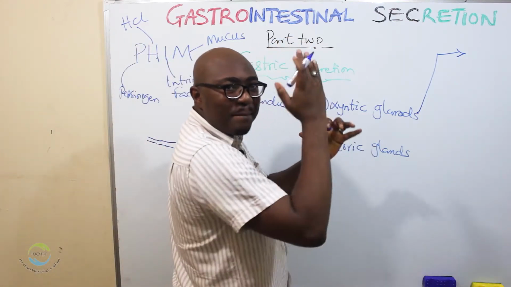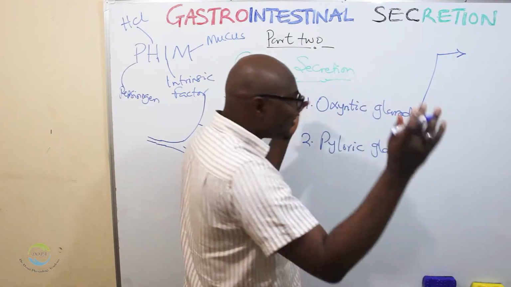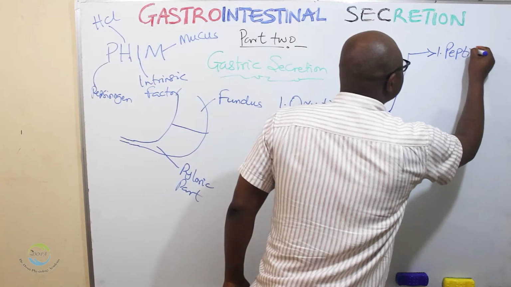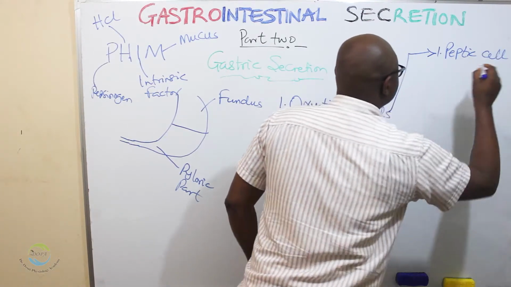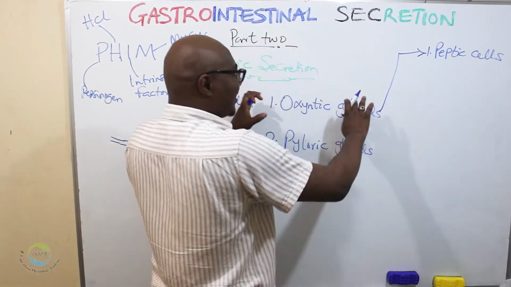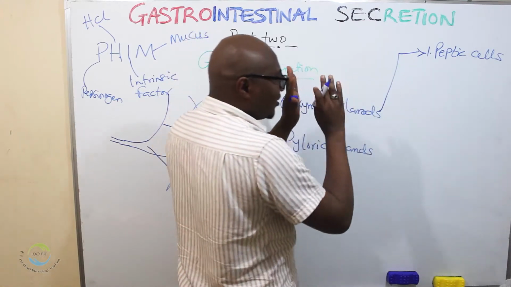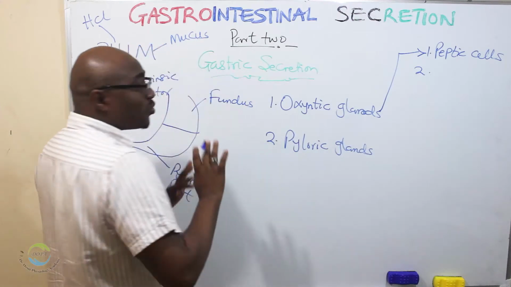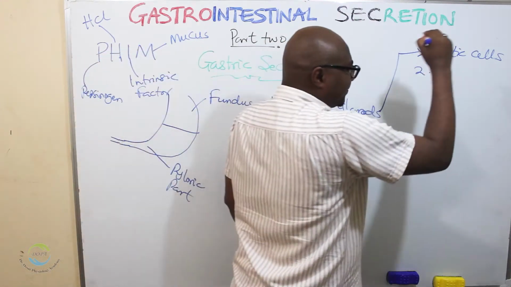Now, pepsinogen is secreted by peptic cells. Very easy to understand. This is the gland, and these are the types of cells located in the gland. You can also call these peptic cells chief cells.